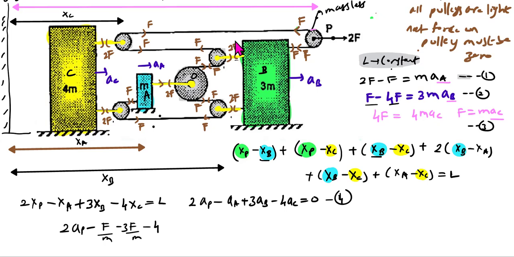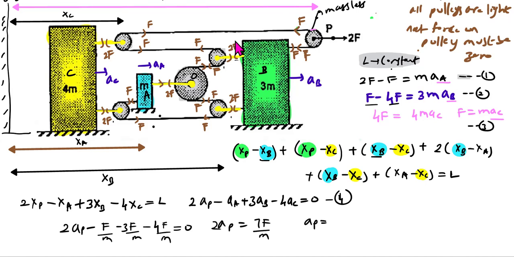Acceleration of block C will be F by M. All set equal 0. So acceleration of this should be equal to 6F by M minus 7. Okay, this will be minus 7F by M.